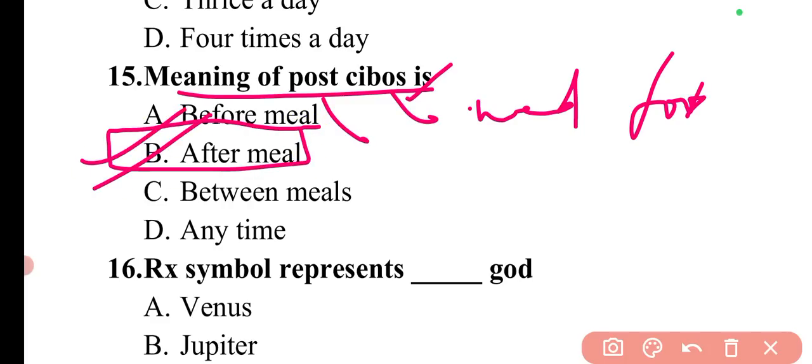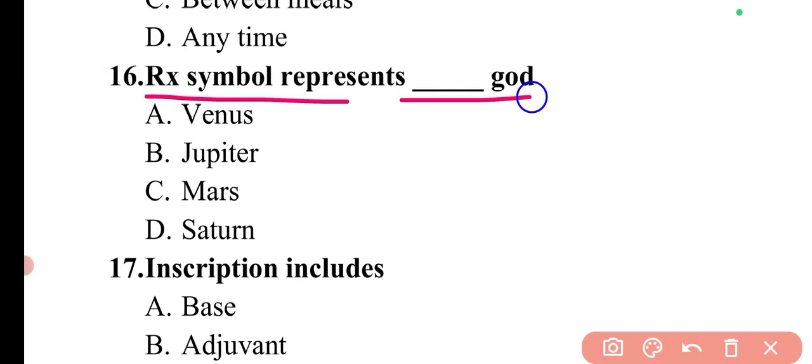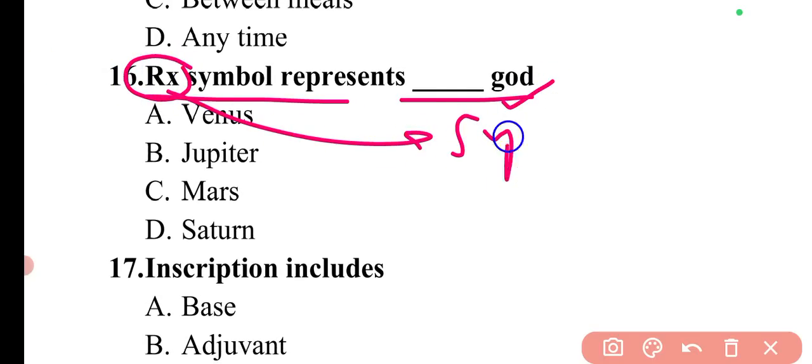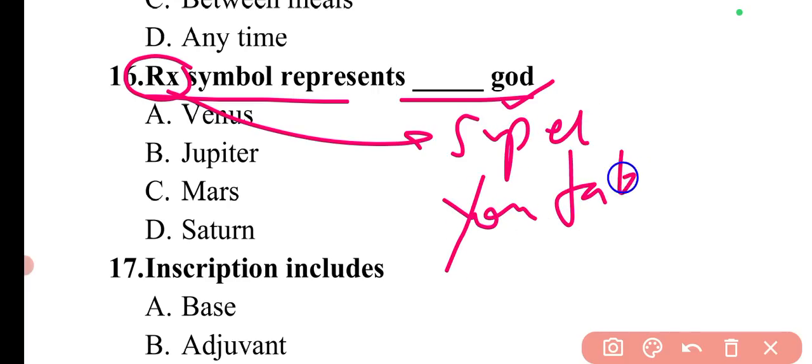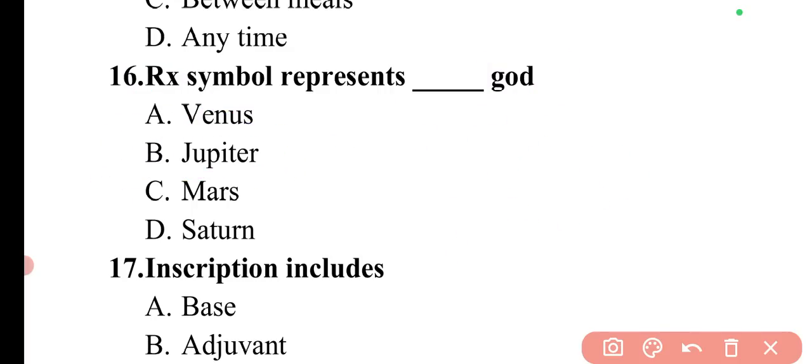So option B is correct. The next question is: the RX symbol represents the god dash. The symbol RX, which is part of the superscription and means you take, represents the god Jupiter. So here option B is correct.